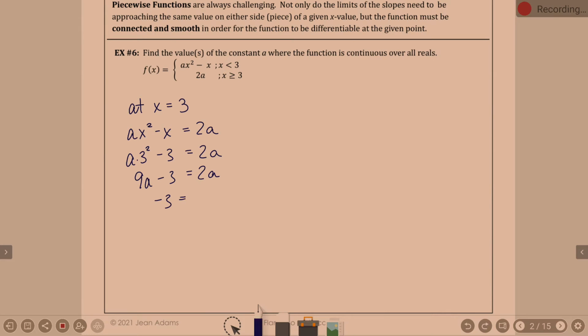Negative 3 equals negative 7a, and then a is 3 sevenths. 3/7. Am I supposed to be getting 3/7? I am. I keep wanting to talk about differentiability, but they only asked about continuous here, didn't they? So, what makes this continuous across all reals for a? When a is 3/7.